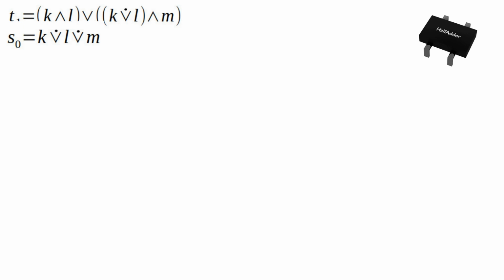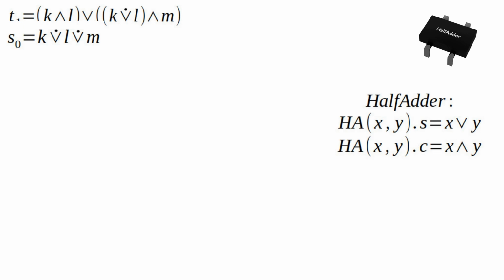Now let's look at the half-adding of the last part. We will now define this as a function accordingly. Now we replace the logical operations with the functions of the half-adder.